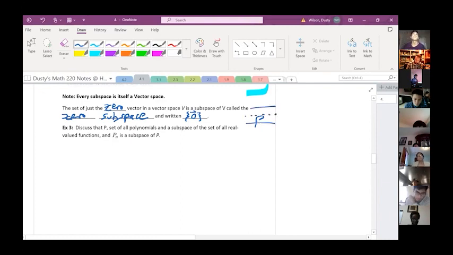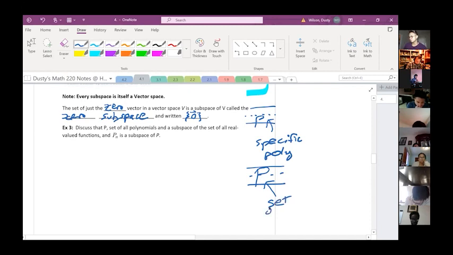The lowercase p would be a specific polynomial, but a big P would be the space or the set.